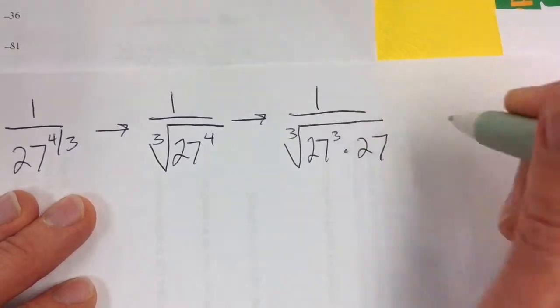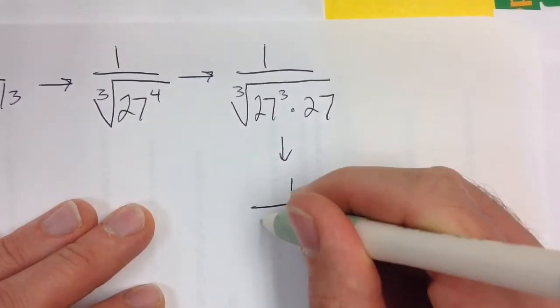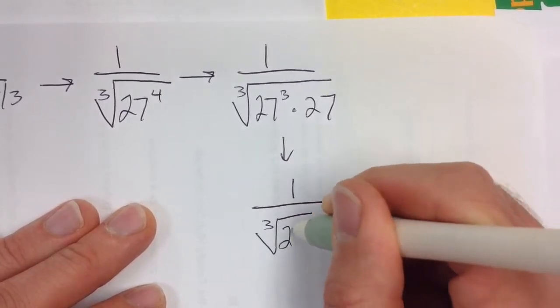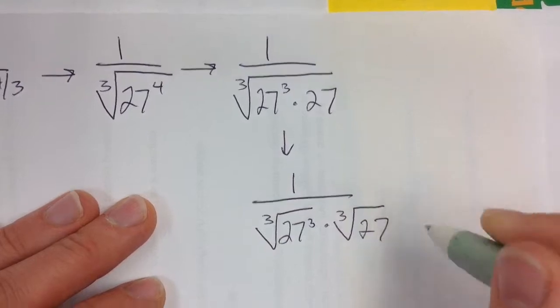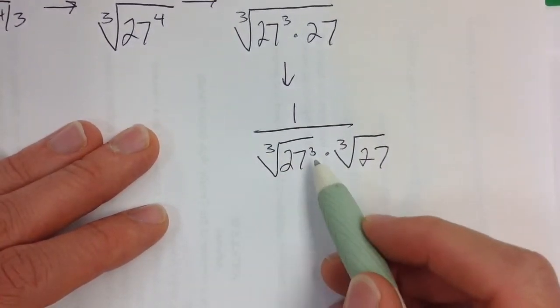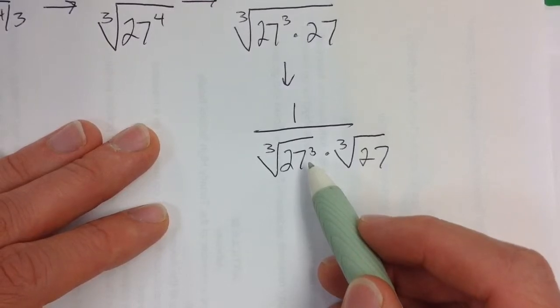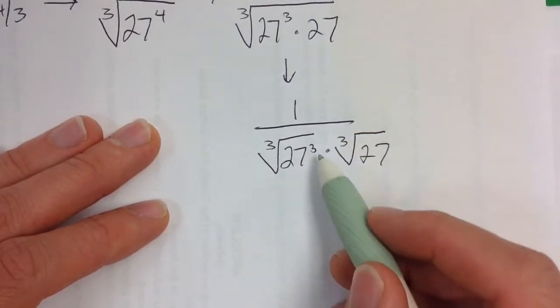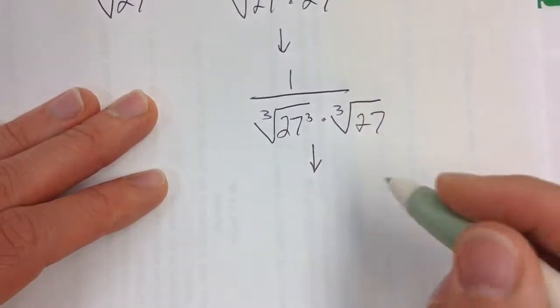Very good. I can split up those radicals. What's the cube root of 27 cubed? False. Try again. 27. The cube root and the cube dissolve each other. They're like matter and antimatter, inverse operations.